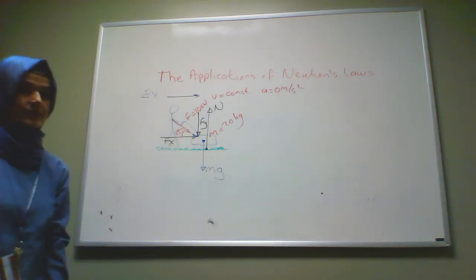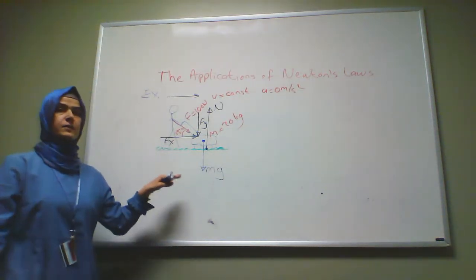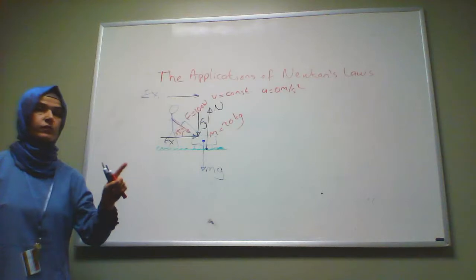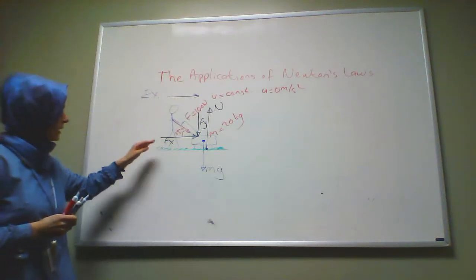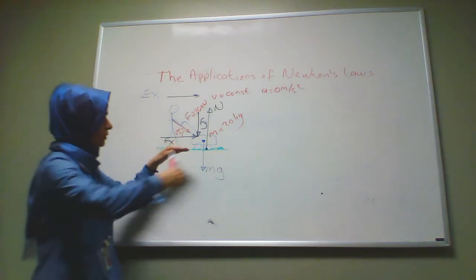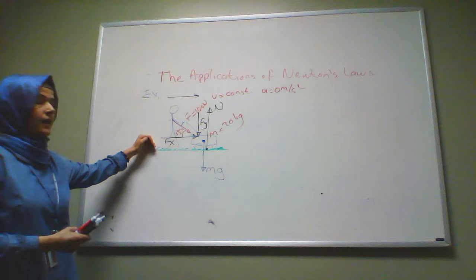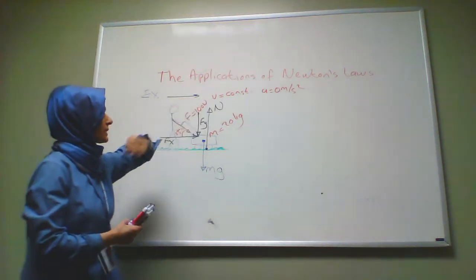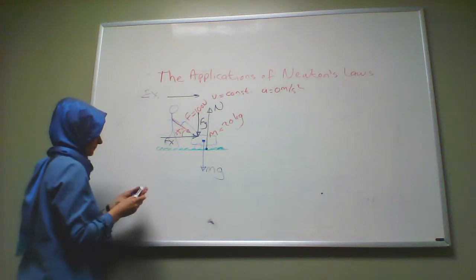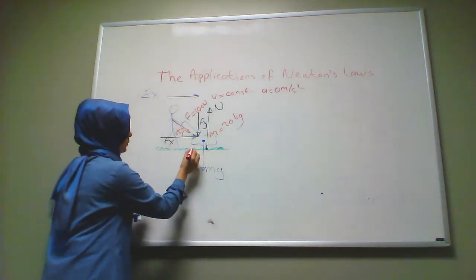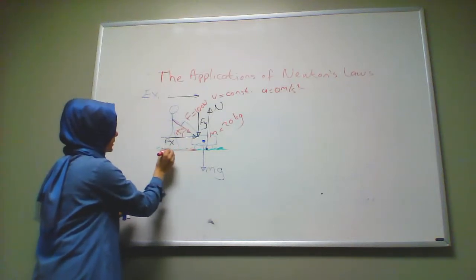Is there any other forces? If I was in the class, I would ask you and wait for this. There must be one more force. Since this object is moving with constant velocity, and the only force I see pushing it to the right, if this was the only force, it should be accelerating. That means, if it's not accelerating, there is a force in the opposite direction, which is actually the frictional force.